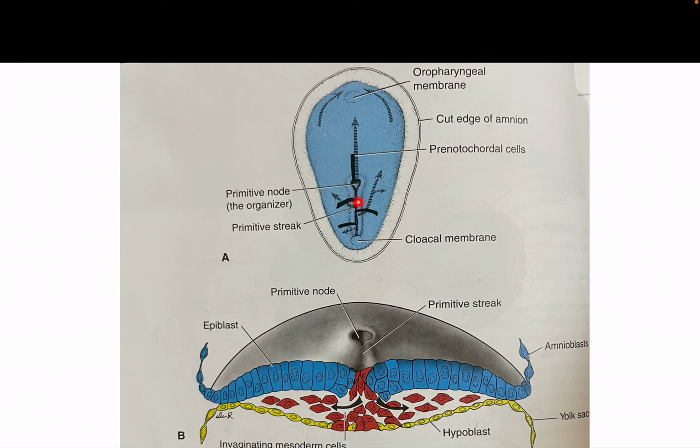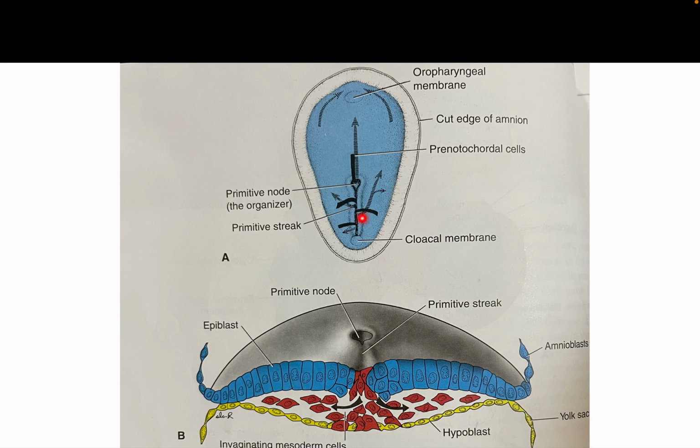Now, almost the upper 1/4 of the primitive streak, those cells spread on each side and form the lateral half of the paraxial mesoderm. So the medial half is derived from the primitive node, whereas the lateral half is derived from the most anterior 1/4 part of the primitive streak. The next 1/4 gives the second part of the intraembryonic mesoderm, named intermediate mesoderm.